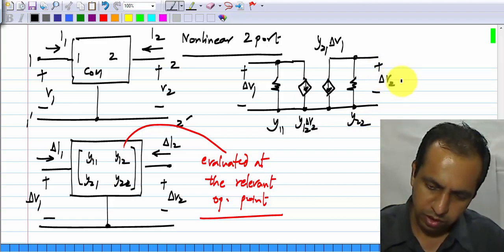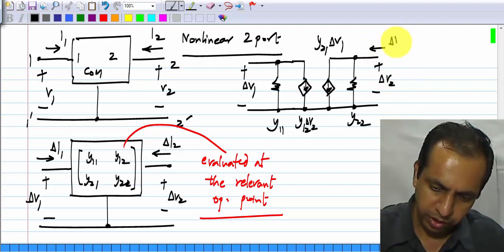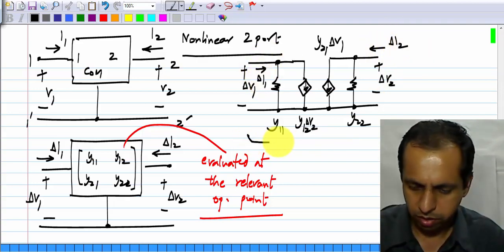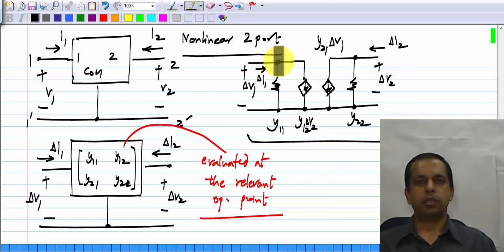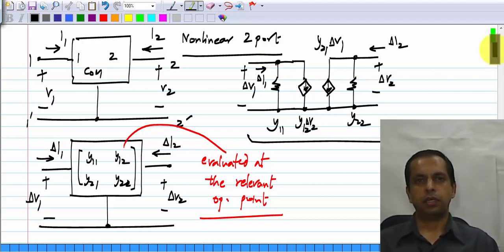This is delta V2, this would be delta I2 and this would be delta I1. So, just like you replace a diode or a two terminal nonlinearity with a resistor, you will replace a two port with a linear two port. So, that is all that is there to it.